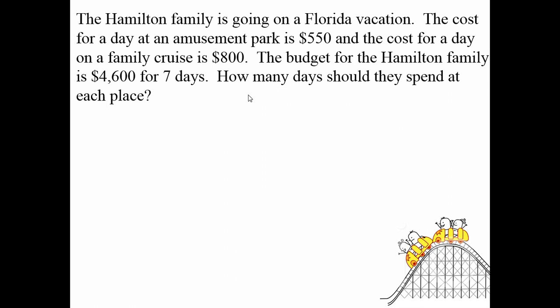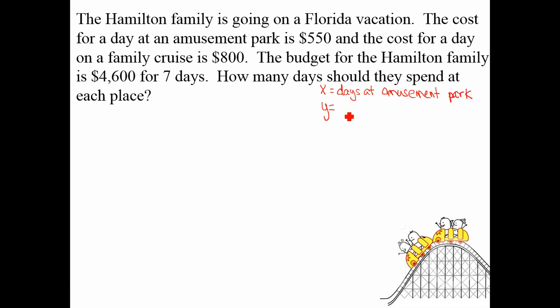So we need to be thinking about what it is we're trying to find once again. So we're going to identify our x and y and what they equal. Let x be the days at the amusement park.